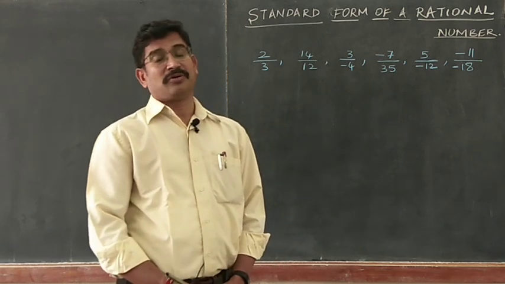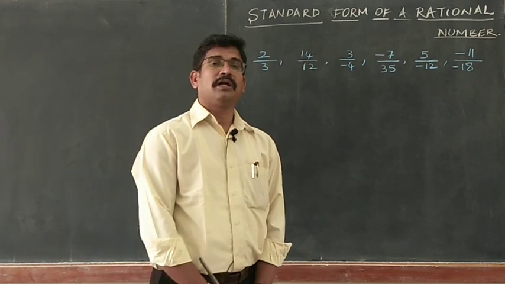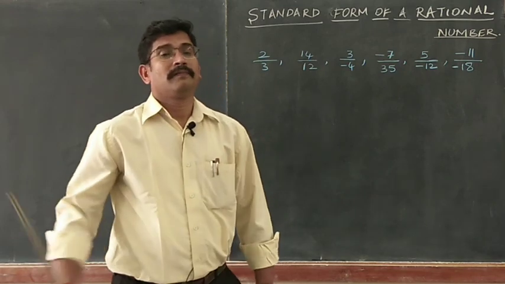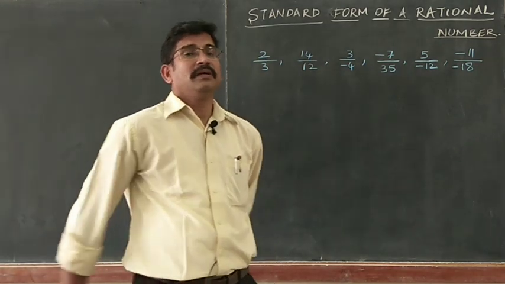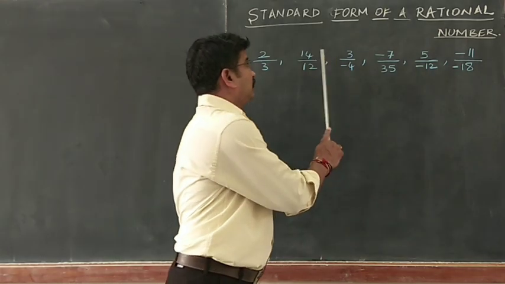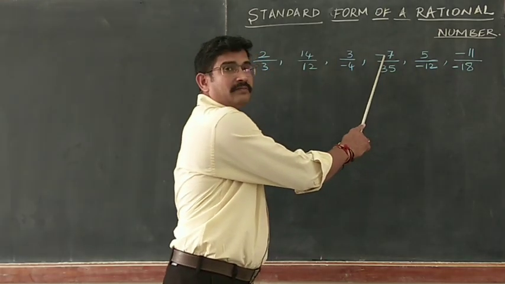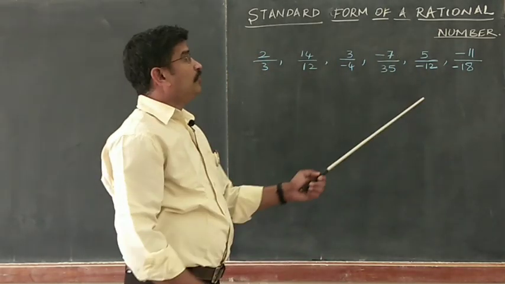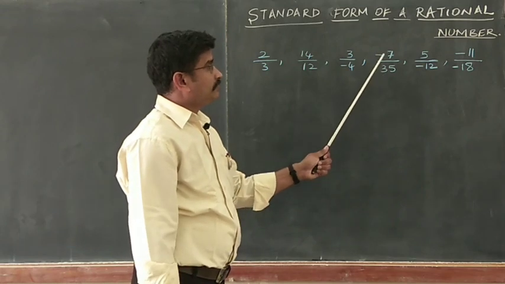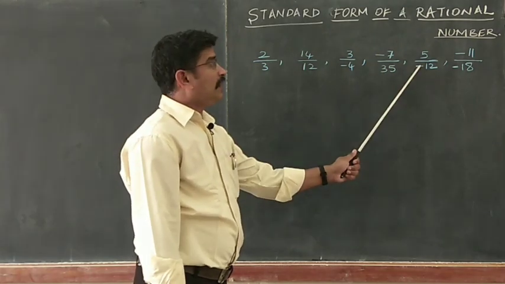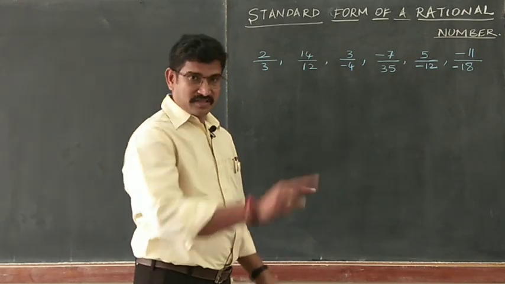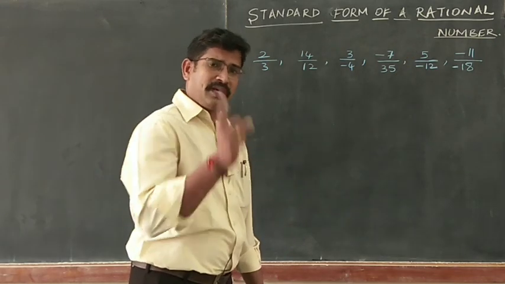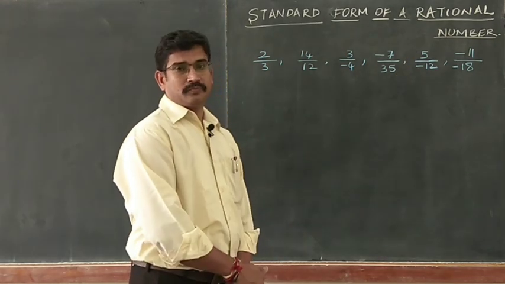Next, children, negative rational numbers. If I want to call a rational number negative, then either the numerator or the denominator, amongst those two, any one should be negative.